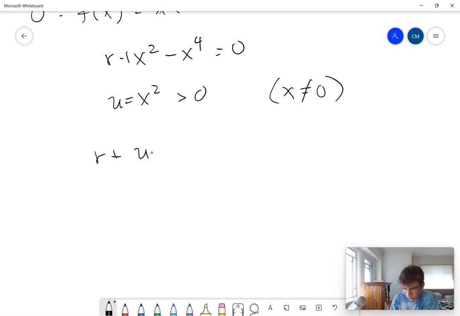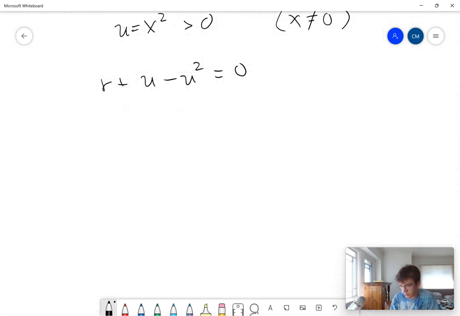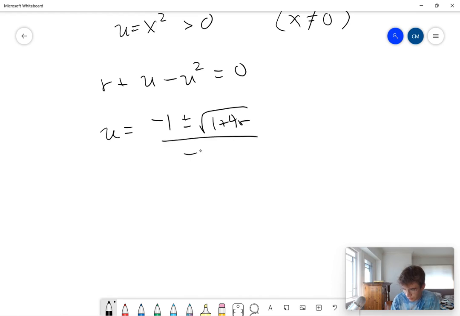So we have r plus u minus u squared is equal to 0. Now plugging this into the quadratic formula, I have u is equal to negative 1 plus or minus the square root of 1 plus 4r, all over negative 2.